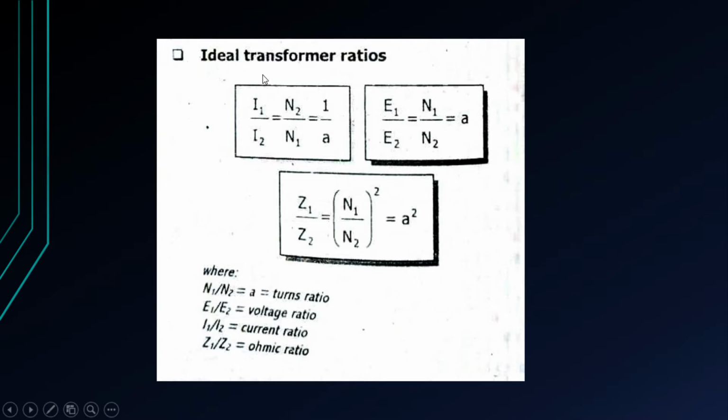The ideal transformer ratio, we are going to use in further discussion. So, gamit na gamit ito.